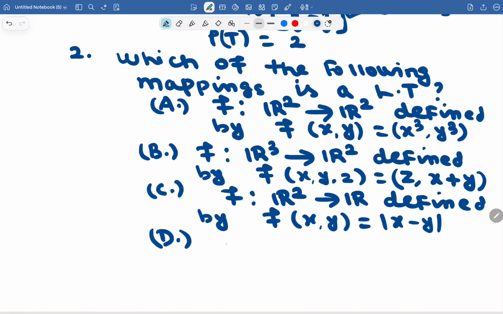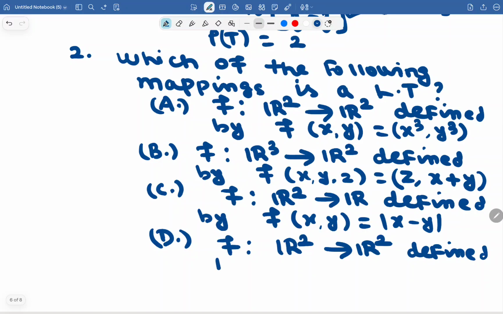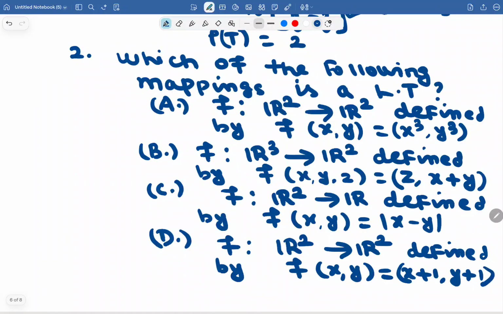Option D: F maps from R square to R square defined by f of x comma y equals x plus 1 comma y plus 1.